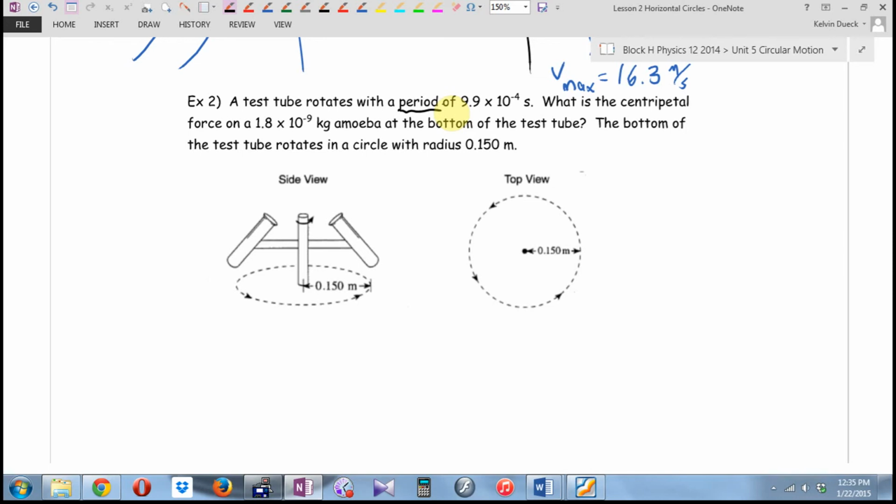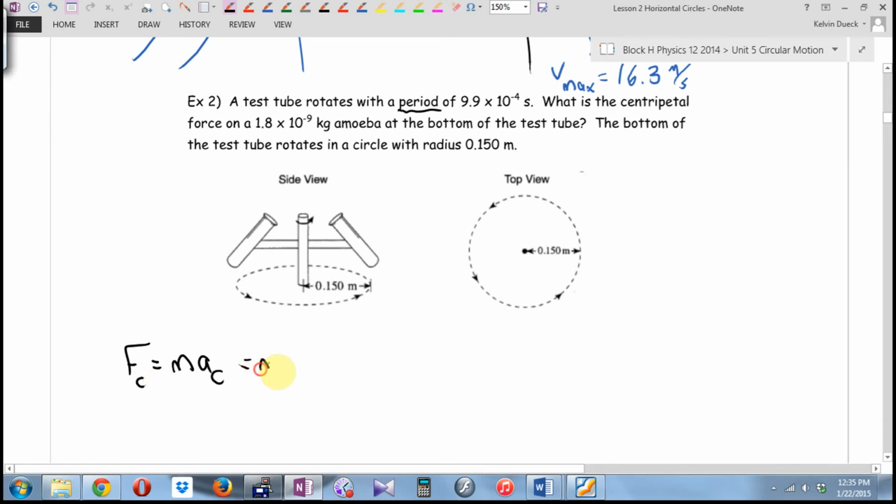Speed? No. Period? No. What's this question asking you to find? Since it's asking me to find force, I might go straight to F equals ma. Oh, Fc equals m ac. Maybe I can just plug and chug, which is going to be m.